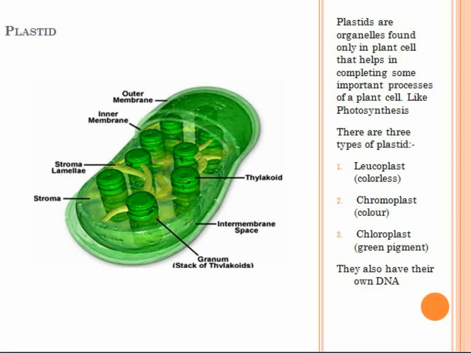There are three types of plastids. Leucoplasts are colorless, chromoplasts have color, and chloroplast is one of them, which has the green pigment, the chlorophyll. It is present only in plants, and as you can see here, it is in the form of discs, or you can say coin like structures that are attached on top of each other. These discs are known as thylakoids, and when they are stacked on each other it is known as a granum.